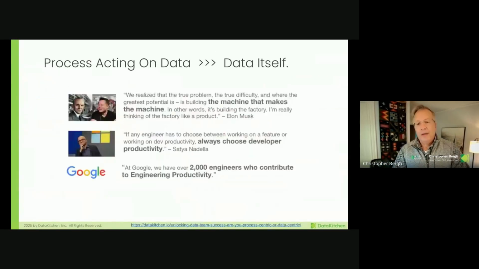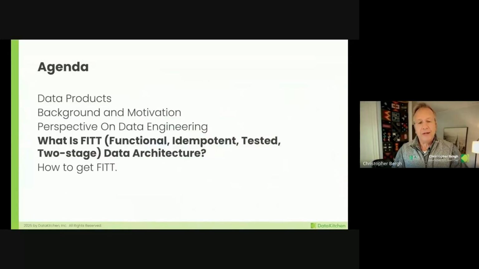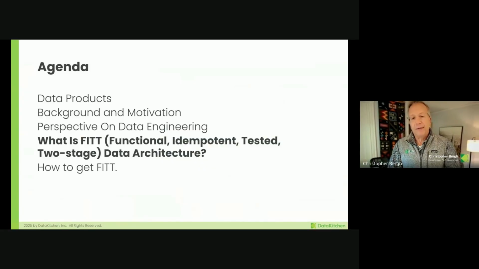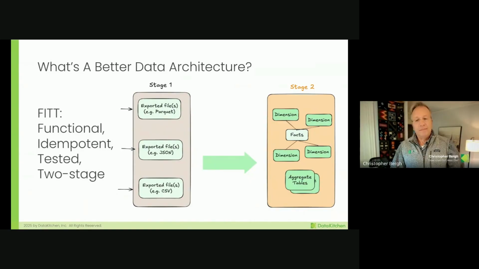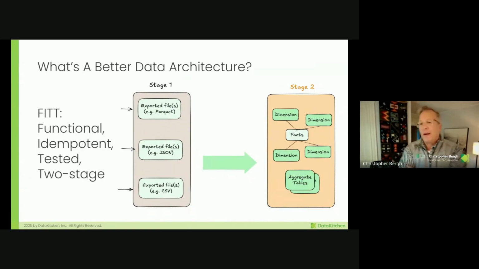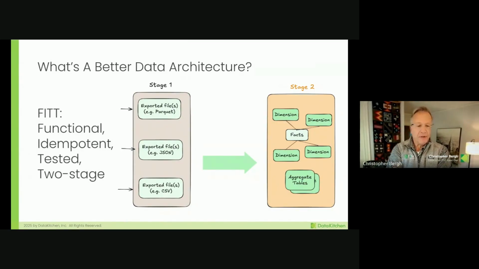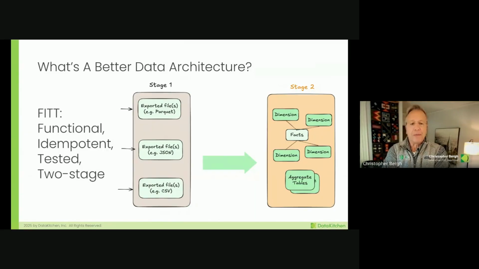And so in some ways, this idea of a FITT architecture is in response to that, our view of data products, our background, and our perspective on data engineering. So let me stop there. That's all sort of a 12-minute introduction to how we think about the world.